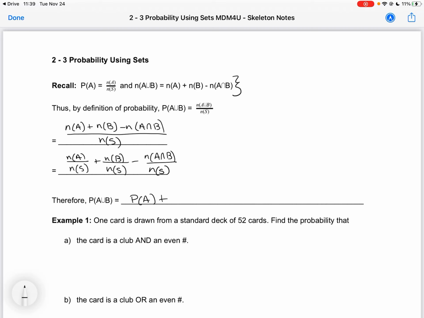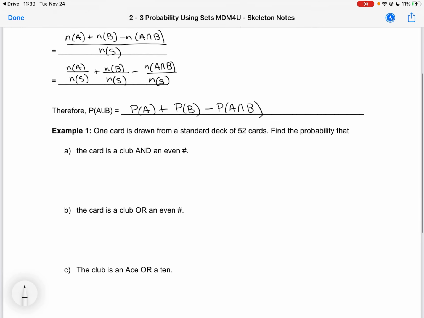So the probability of event A or B is equal to the probability of event A plus the probability of event B, take away the probability of event A and B. So it works the same way as our counting of elements in sets.